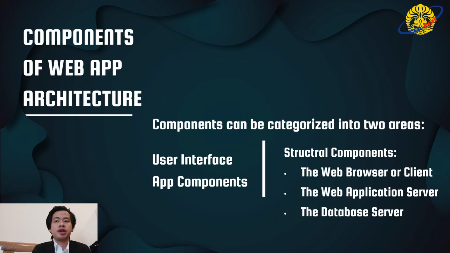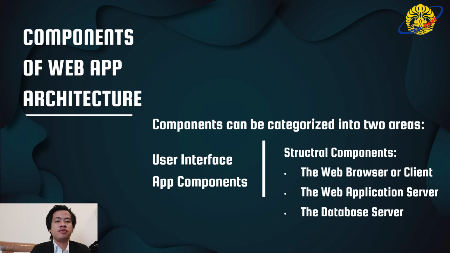Components of web application architecture. Components can be categorized into two areas. First is user interface application components, and second is structural components. Okay, user interface application components refer to web pages displaying dashboards, logs, notifications, configuration settings, and more.